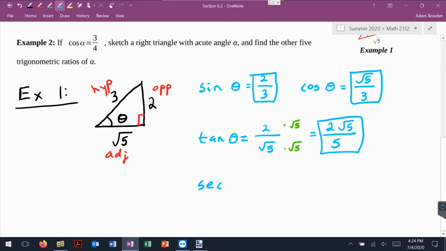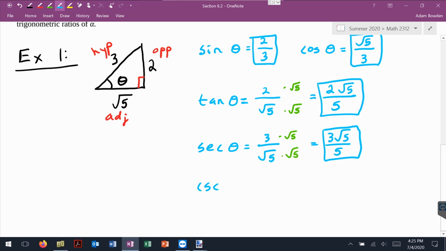Now the secant of theta, well, basically we can just take the cosine and flip it around, so that would be 3 over the square root of 5. Another situation where I need to rationalize. So it'll be turned into 3 square roots of 5 over 5.